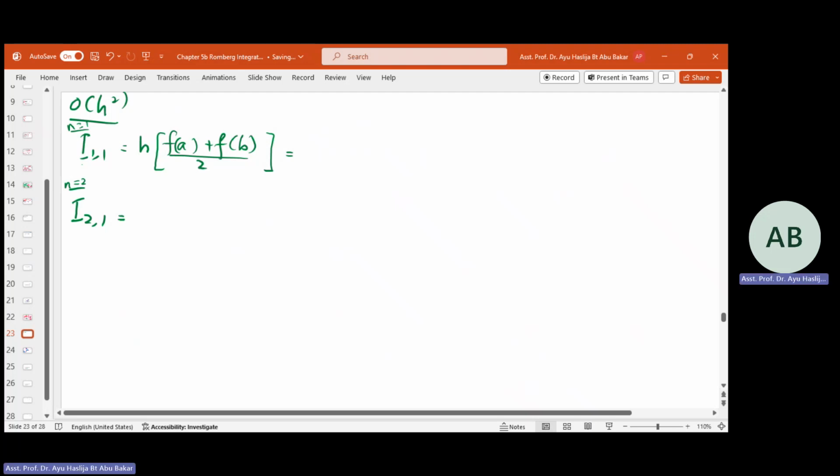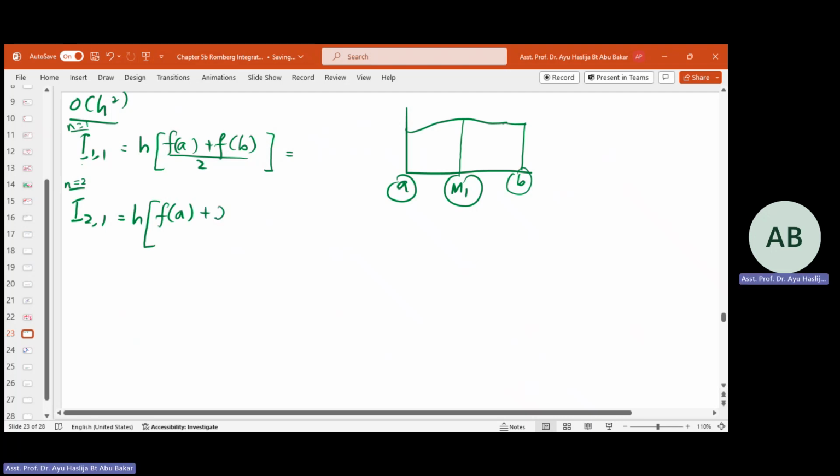A, M1, and B. Okay, so for 2-1, 2 segments involve these 3 points. Multiple application of trapezoid. So using that equation where it involves the FM1 multiplied by 2.